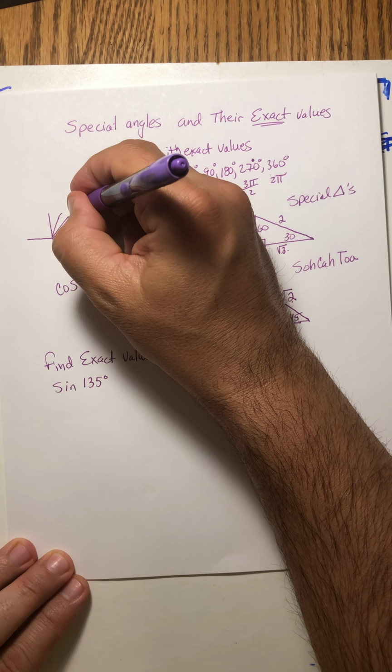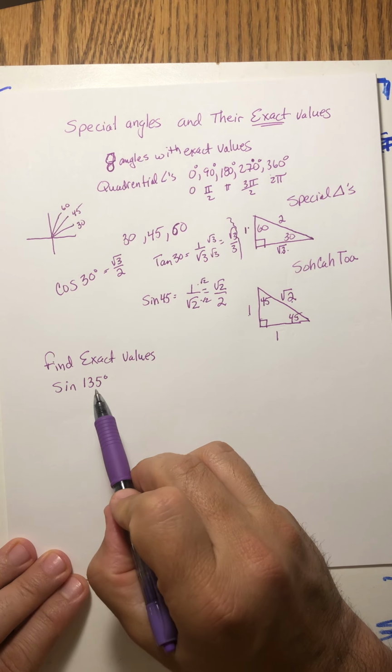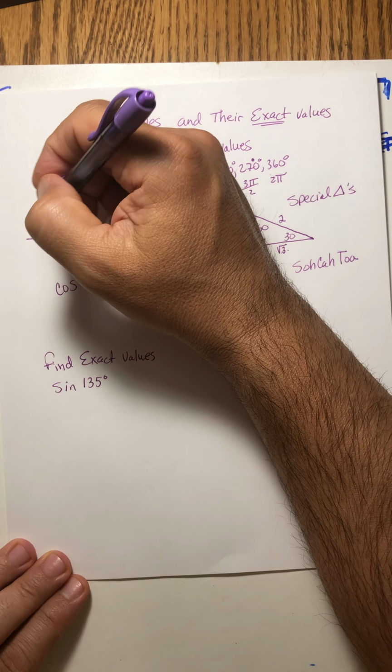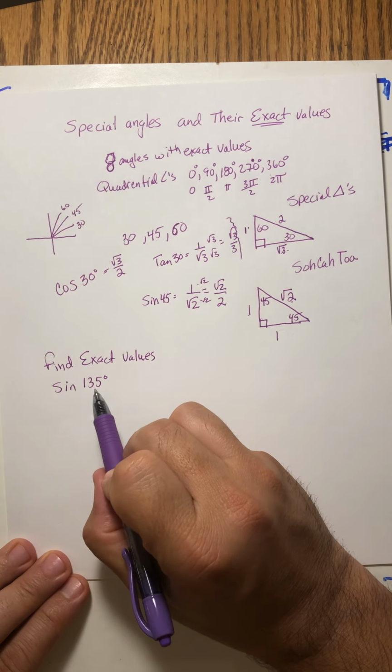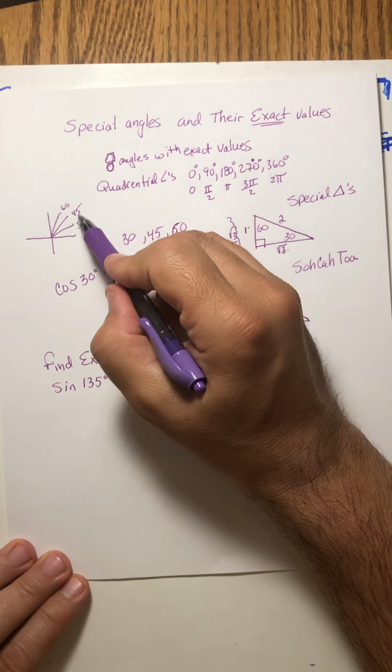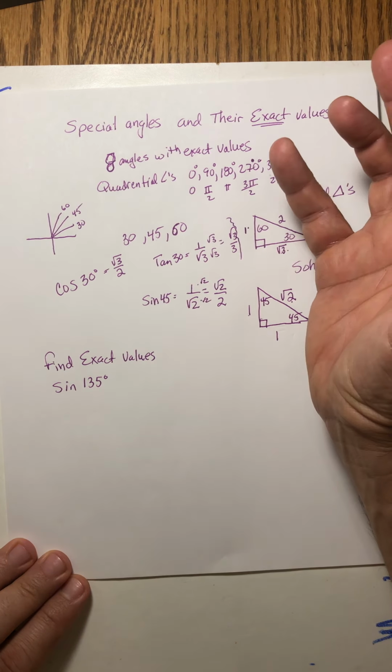Here's your 30, your 45, here's your 60. Don't forget we have all of the other quadrants that have reference angles of a 30, a 45, or a 60. This is all part of that unit circle.